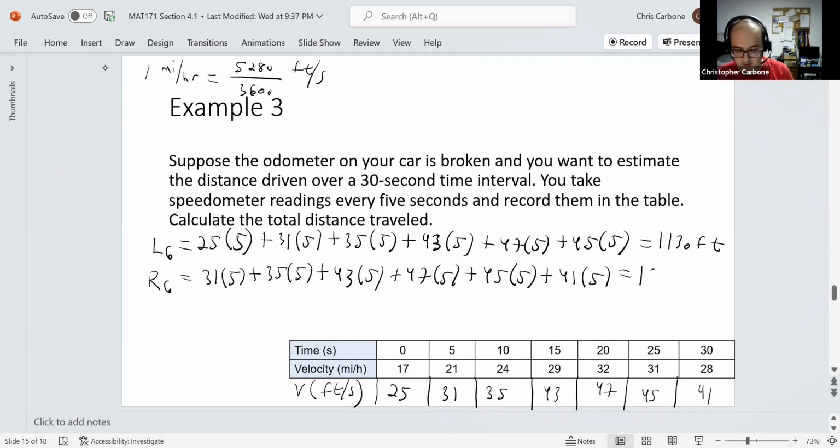That estimate is 1,210 feet. So the true distance involved in this is between those two values.